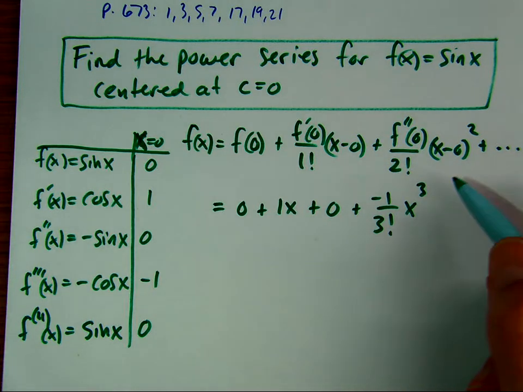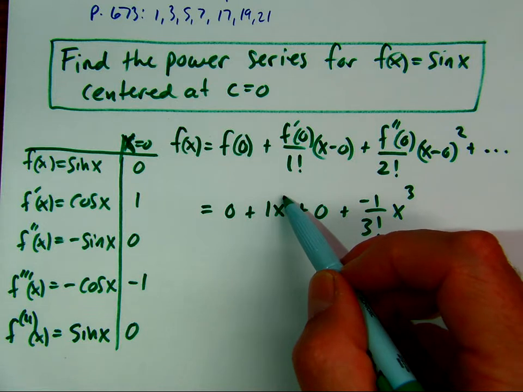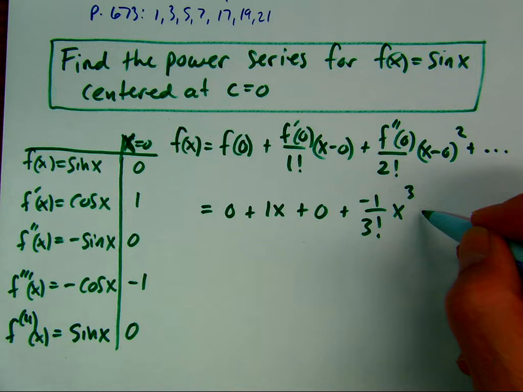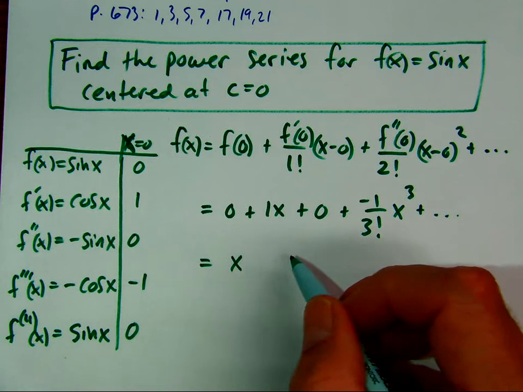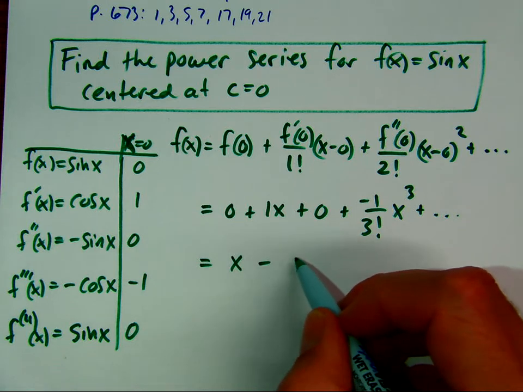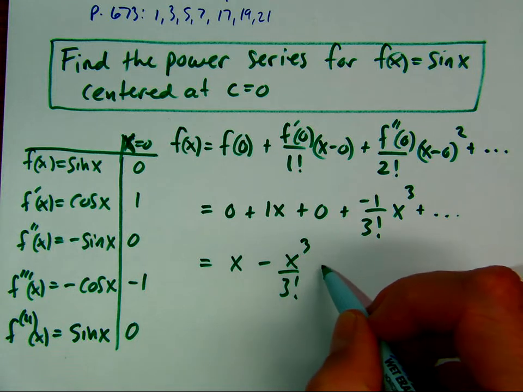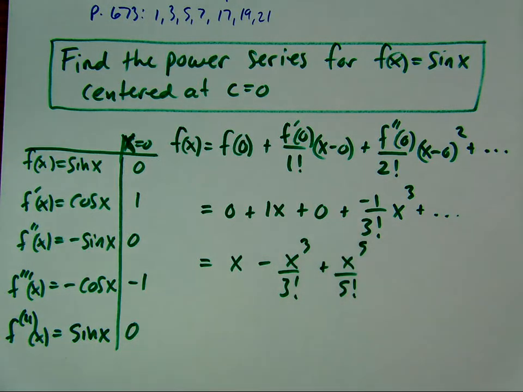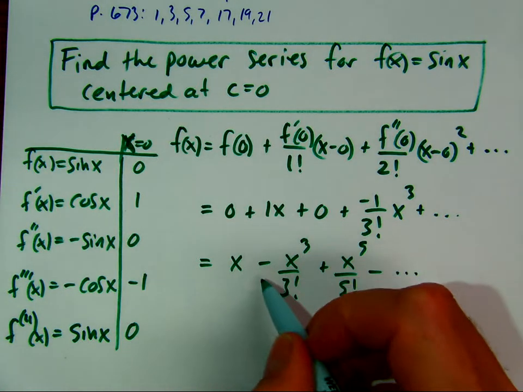And we can see a pattern here where we have the first degree, third degree, we would skip the fourth degree, and I'll write it down here. We have x minus x cubed over 3 factorial plus x to the 5th over 5 factorial minus, and that keeps going.